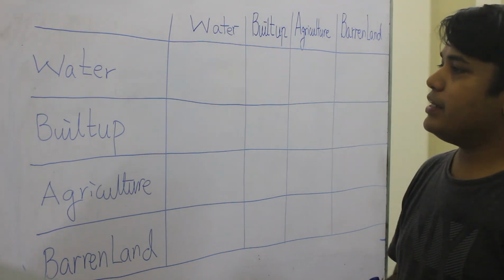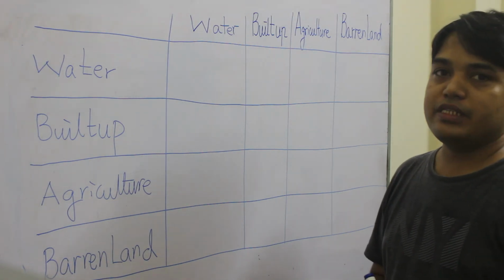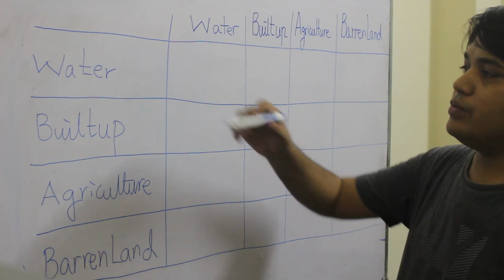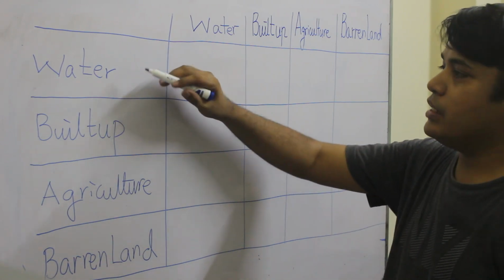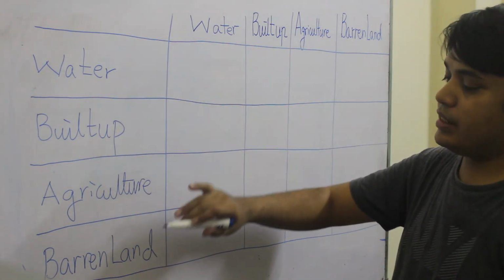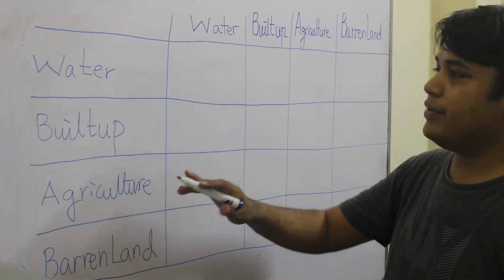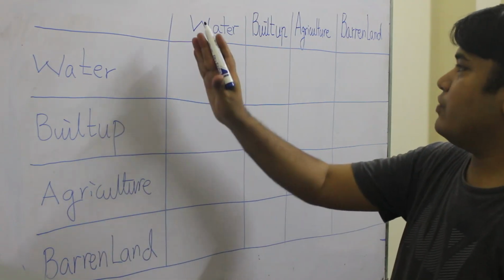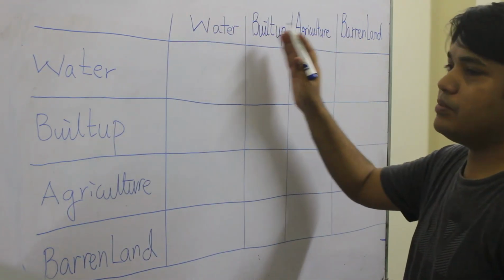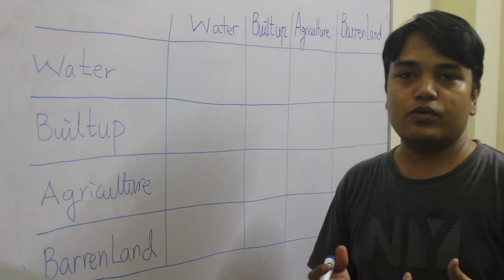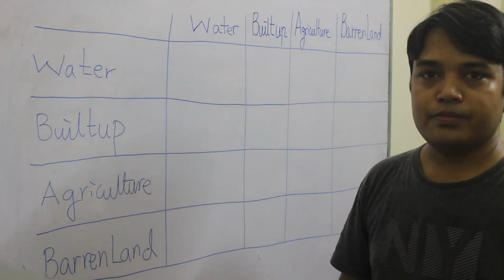In an error matrix, we have the classes which we classified in a classified image: water, build-up, agriculture, and barren. It's basically a matrix between the classified pixels and the reference pixels, and the reference pixels are those pixels for which you got the data from the ground.